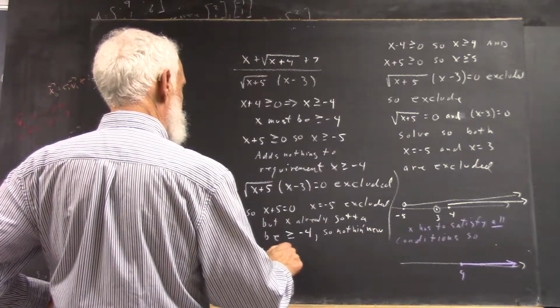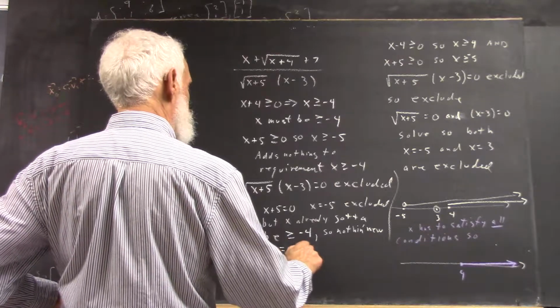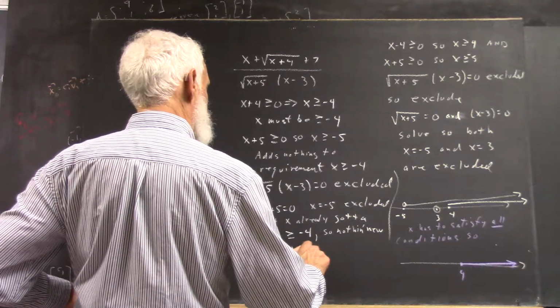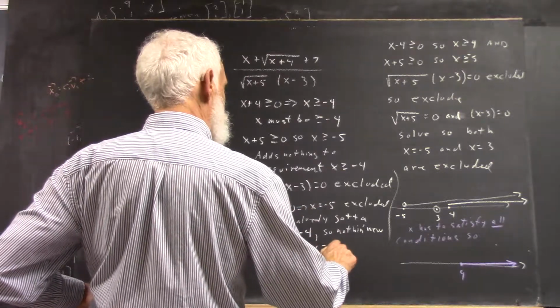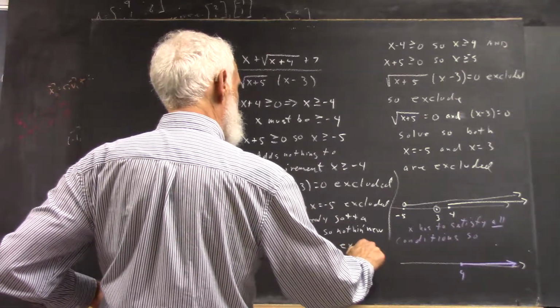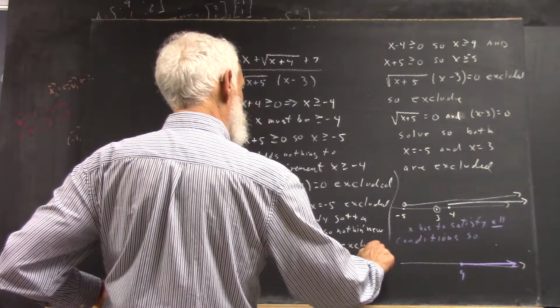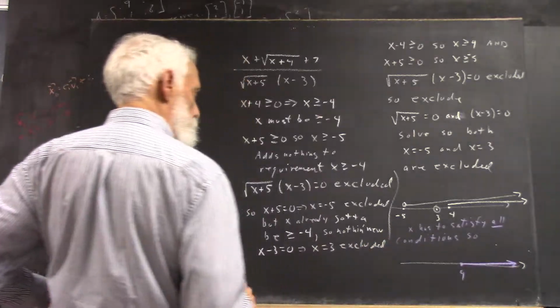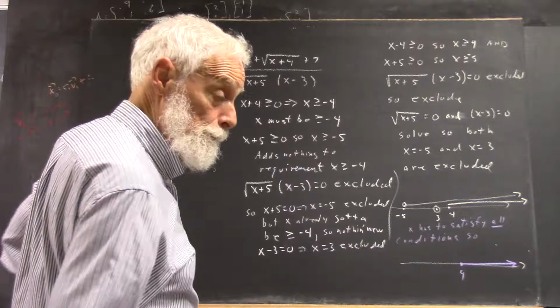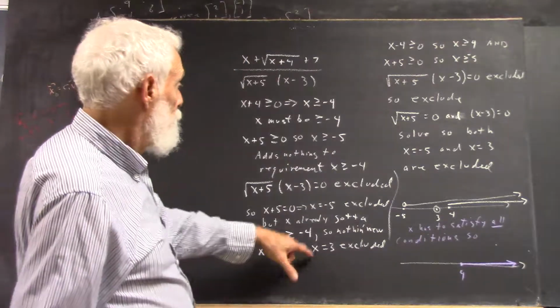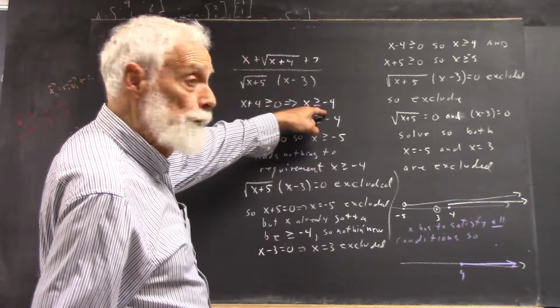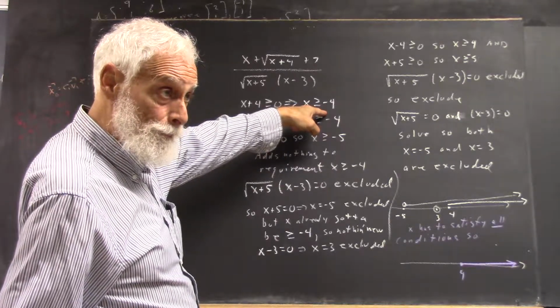x minus 3 equals 0, which gives you x equals 3 has to be excluded. And this is something new. Because so far all we have is x has to be greater than or equal to negative 4.